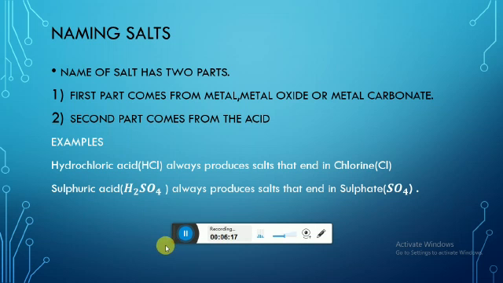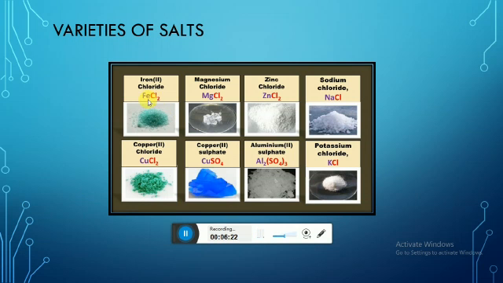If we look back again at the previous figure, these formulas again. As I told you, one part is from the metal and the other part from the acid. Iron chloride, iron is the metal. Magnesium chloride, magnesium is from the metal and Cl2 is from the acid. Zinc chloride, zinc is from the metal and chlorine is from the acid.